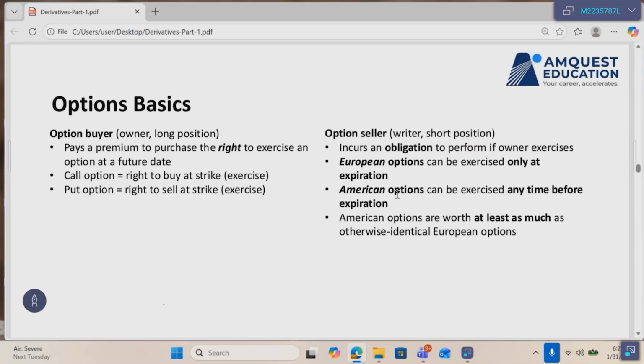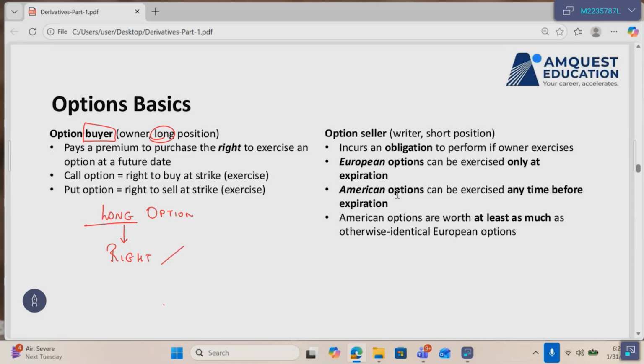Okay, so let's understand the meaning. The person who buys an option is the long. Now remember, long is not buying the shares, underlying. So the person who is long of an option has the right. Now, what is the right he has?